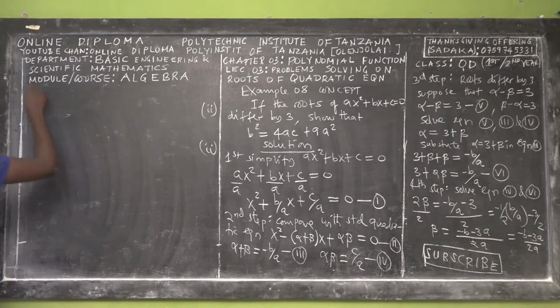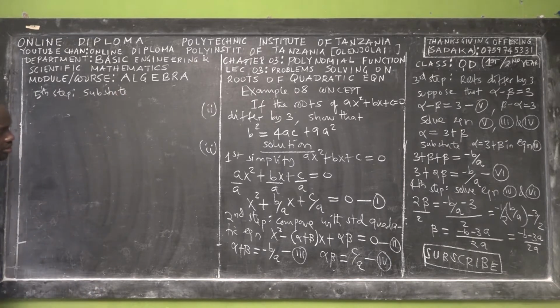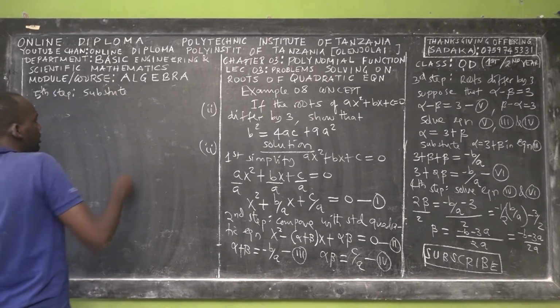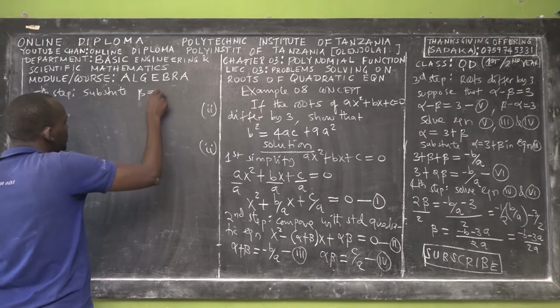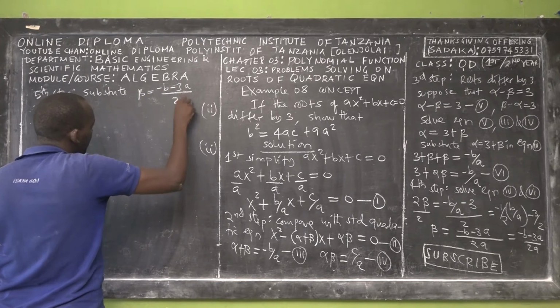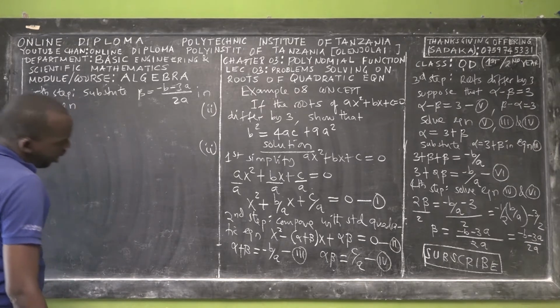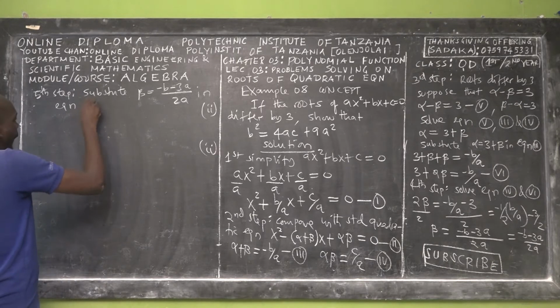So we go for the fifth step. Substitute beta is equal to negative b minus 3a over 2a in equation 4.